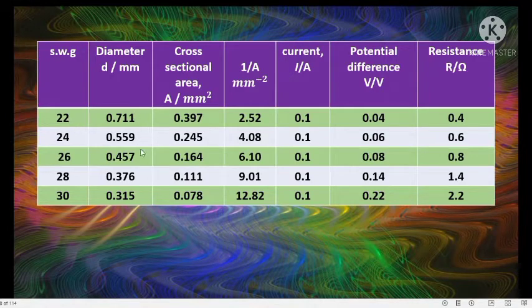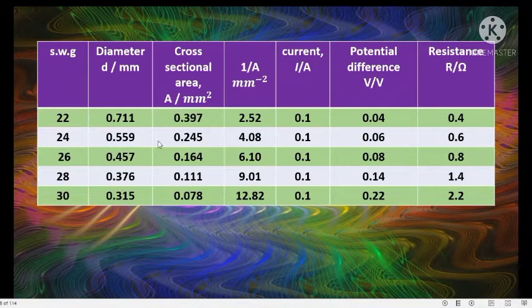You can look at the values, meaning the larger the number of the SWG, the thinner the wire. The cross-sectional area you can calculate using pi r squared. D is the diameter, so you need to calculate the radius, then you apply the formula pi r squared. So you get this value.